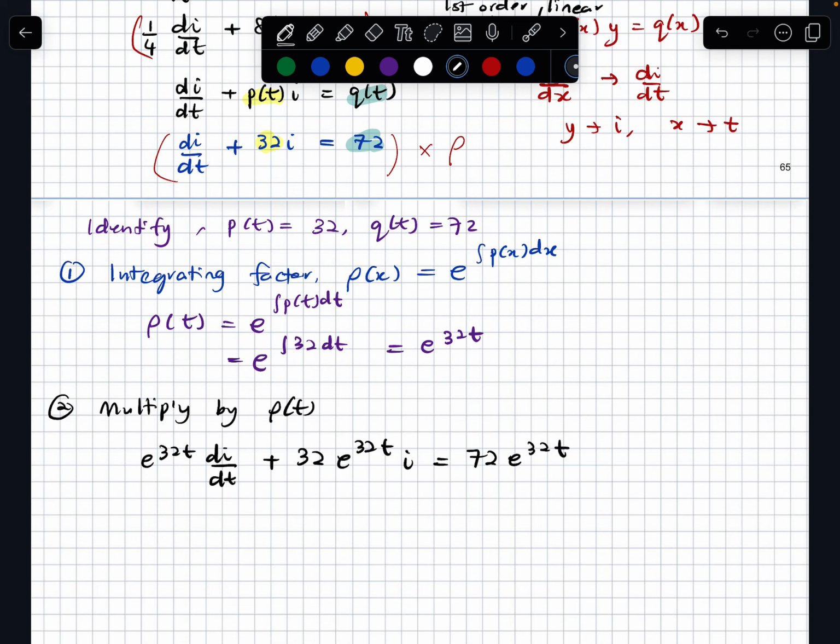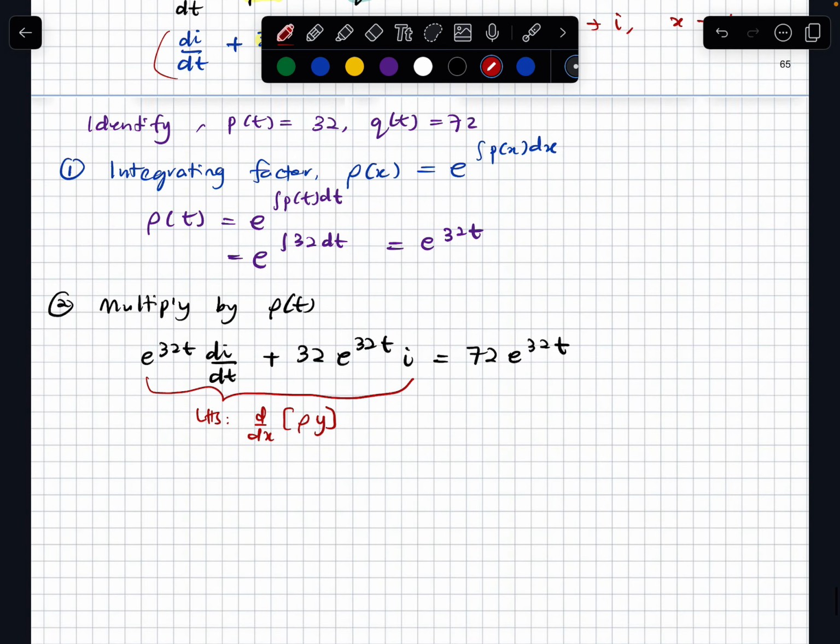After you multiply the entire equation by rho, the third step involves restating the left-hand side in the form d/dx of rho y. But remember, in our case, x should be replaced by t, rho is e^(32t), and y should be replaced by I. The right-hand side remains the same.